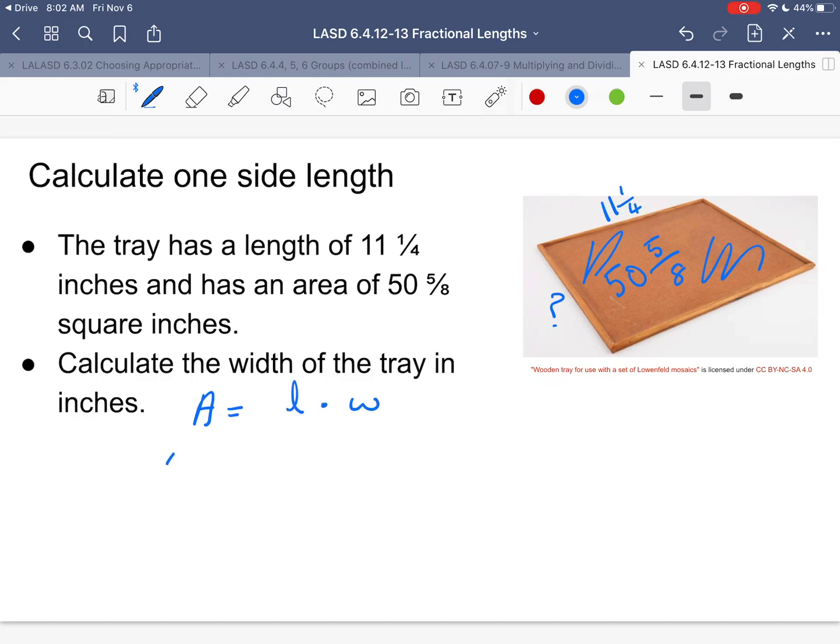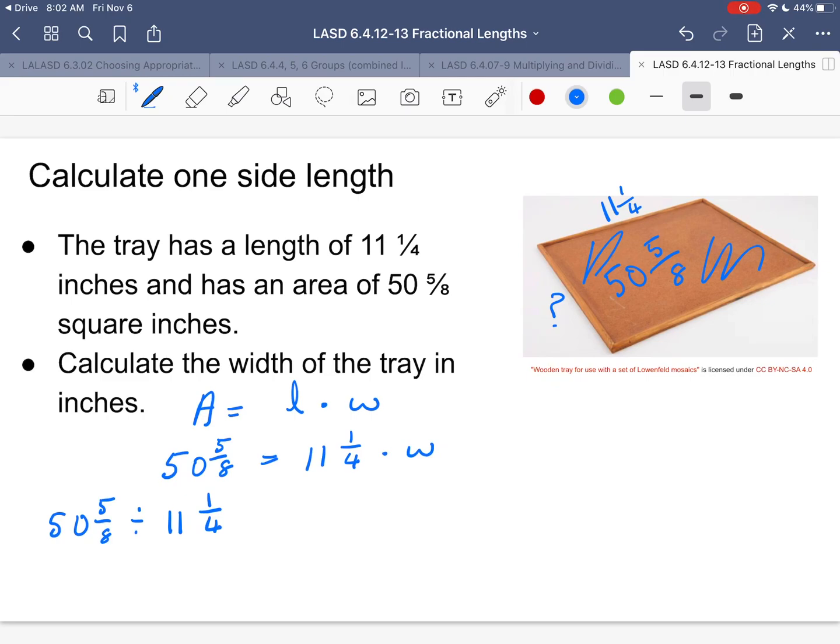So the area is 50 5/8, and that is 11 1/4 times the width. So if we divide both by 11 1/4, we'll find the width. That's my plan. So I'm going to say 50 5/8 divided by 11 1/4 is the width.